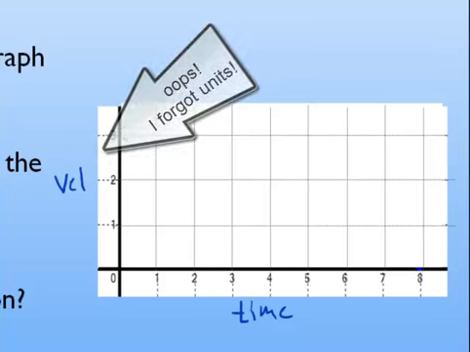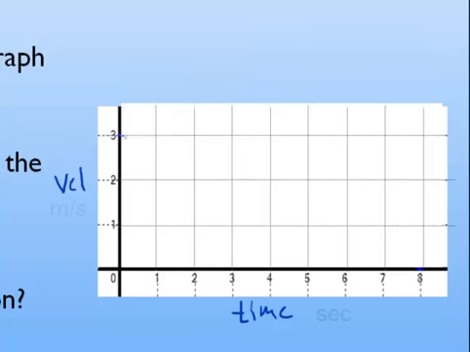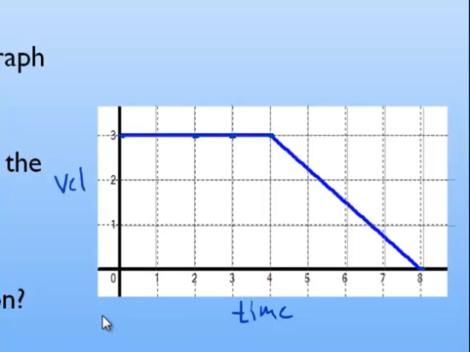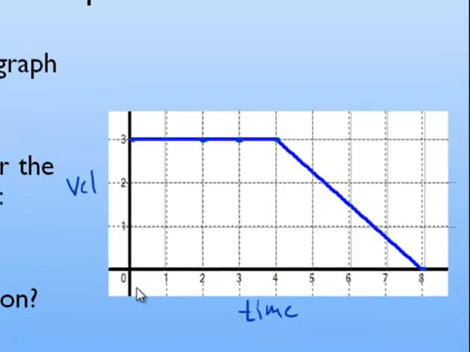The first 4 seconds of the trip, the object was moving at 3 meters per second. Then it starts to slow down, which we would show by drawing a line going down, and it stops at 8 seconds. If I were to connect all these dots, you would see the velocity versus time graph shown here.